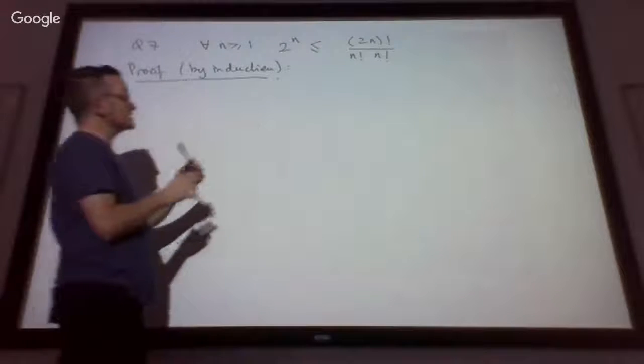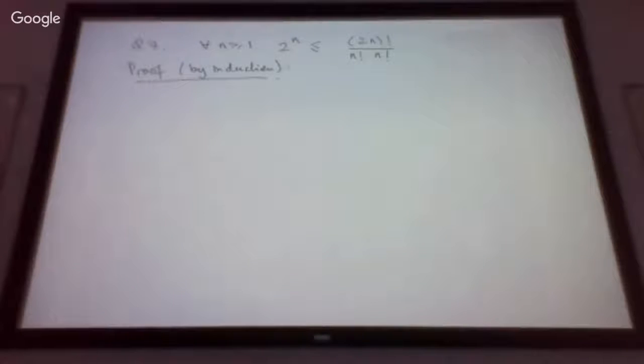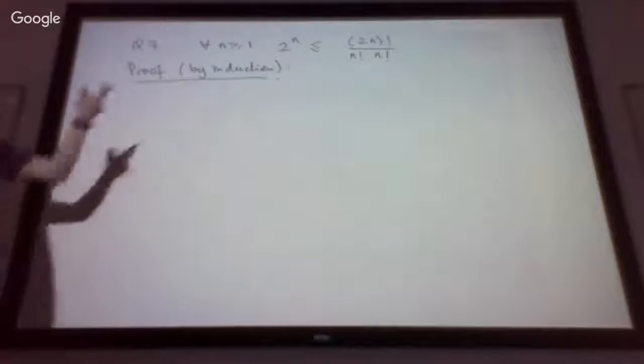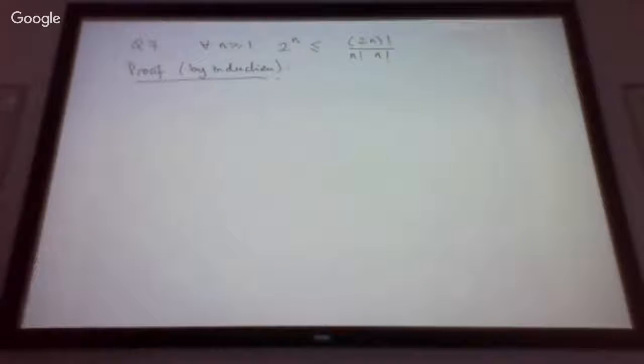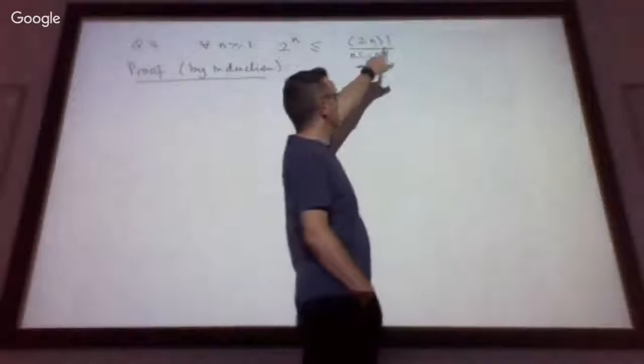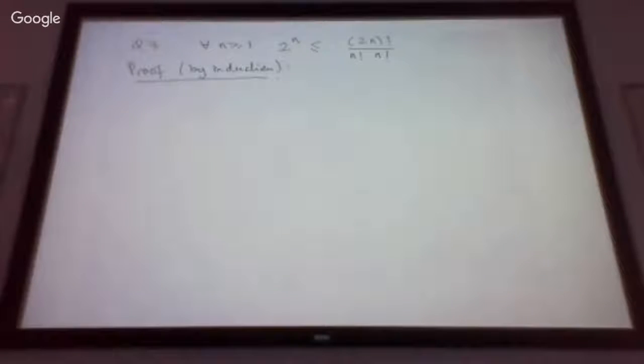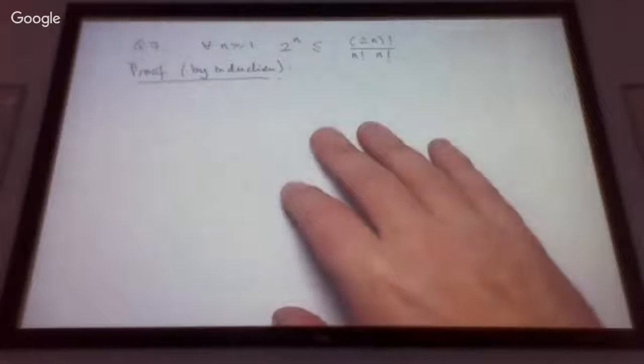What this is doing is giving you an upper bound for the exponential 2 to the power n in terms of the factorials. So 2 to the power n seems to be bounded above by factorial of 2n divided by the square of the factorial of n. Useful for some things, I'm sure. Combinatorics or counting arguments and so on.